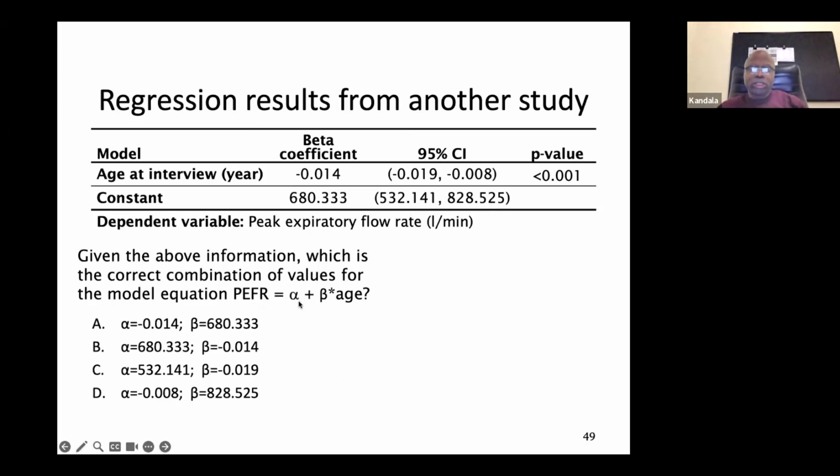The model equation is alpha, the constant, plus beta times age. You have this table and you need to assess which one is the correct combination of values. So which one?